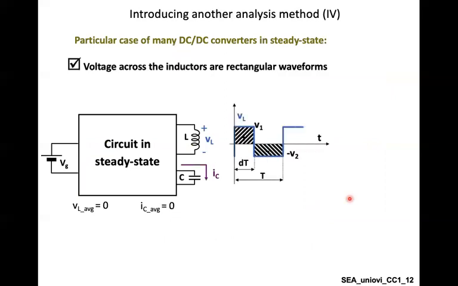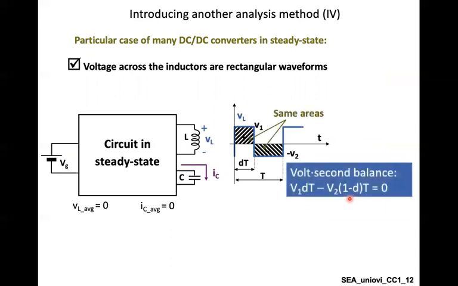The second important information to know is that the total area under the curve should be kept equal in a voltage or a current signal. I mean that here we have 2 levels, V1 and V2. We have the level V1 for a duration d times t, and we have the level V2, negative, in the duration (1 minus d) times t.